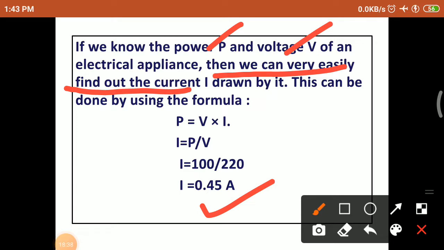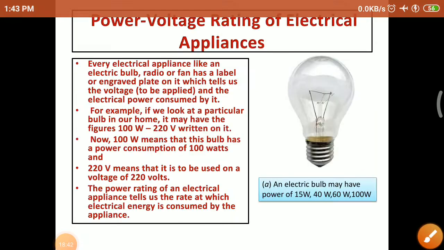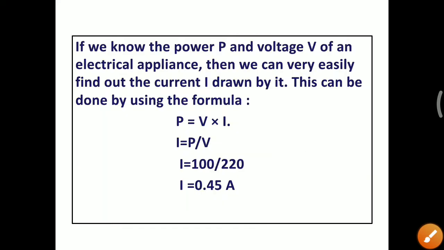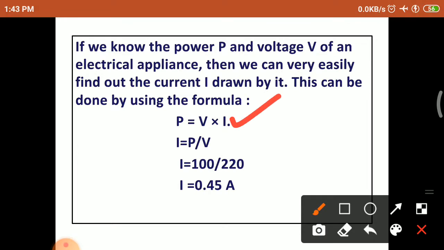See, P equals VI, so I equals P by V. You know that it is a 100 watt bulb and 220 voltage. So when I divide, I equals 100 by 220, I get 0.45 ampere. So this bulb draws 0.45 ampere current.